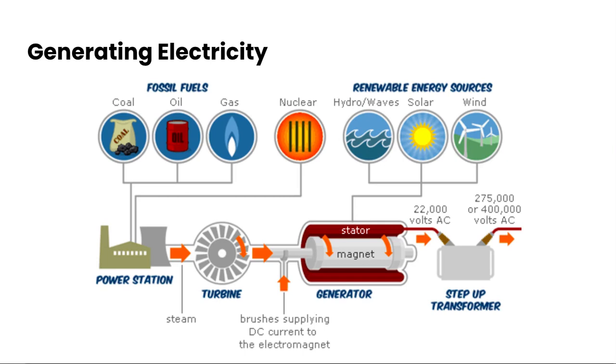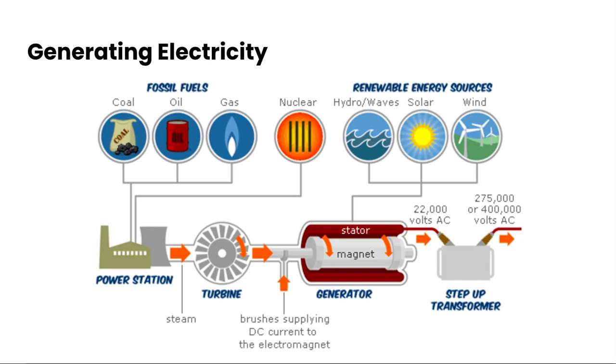Regardless of what type of energy source we have, all of the different ways to generate electricity go through the same sort of mechanism. First off, they will turn what we call a turbine. This is basically a big giant rotary blade that is turned, and by turning it, it gives the generator power in order to transform the energy from the motion of the turbine into electricity.